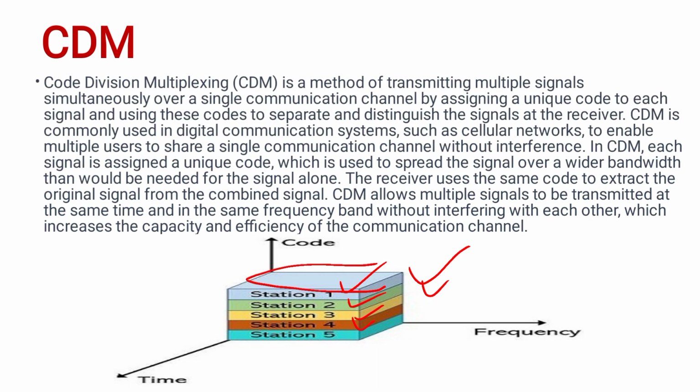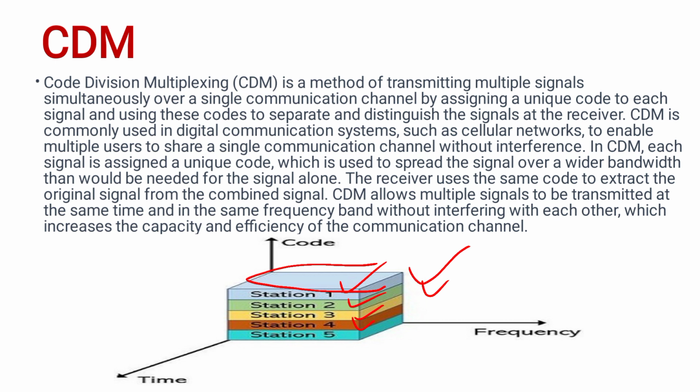And this is the definition for CDM. Code division multiplexing is the method of transmitting multiple signals simultaneously over a single communication channel by assigning a unique code to each signal and using these codes to separate and distinguish the signals at the receiver. CDM is commonly used in digital communication systems such as cellular networks to enable multiple users to share a single communication channel without interference.